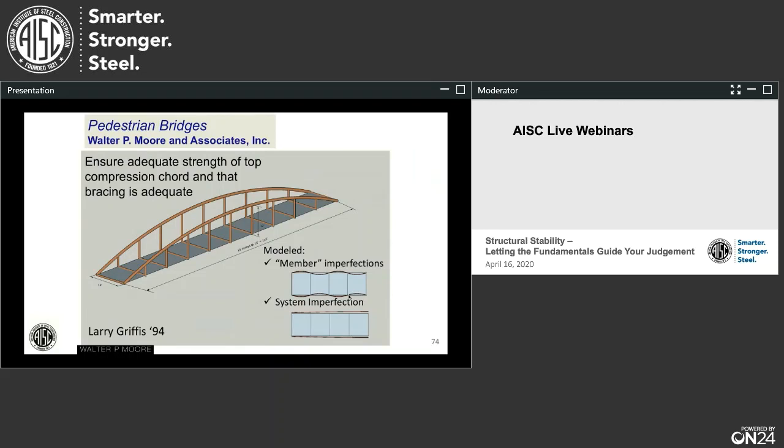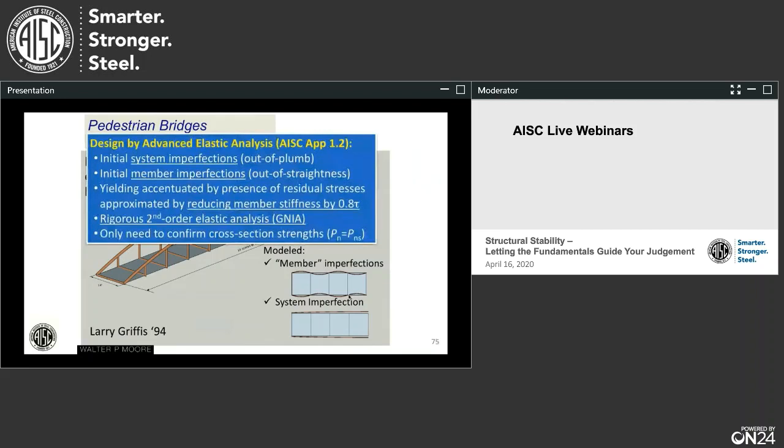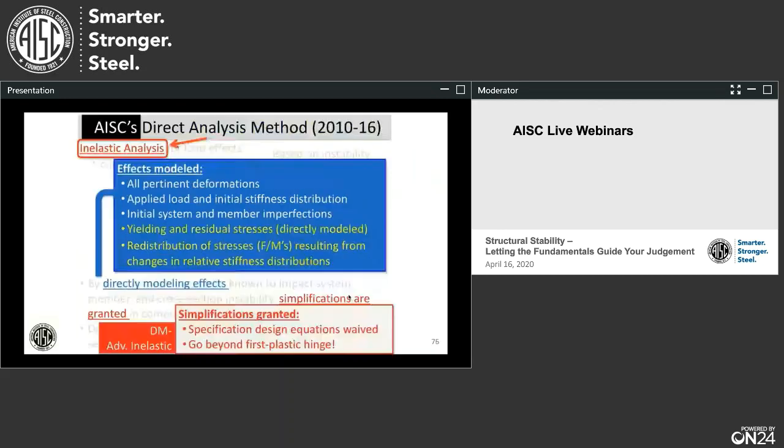Once they had modeled the system imperfection and the member imperfection, they used a very rigorous analysis, they brought in a 0.8 on tau_b on the arch, and they were able to confirm the adequacy of the arch just based on its cross-section strength, knowing that the analysis would indicate that the moments in the arch would get very large if it was reaching an instability. So good on them. It's a good choice.